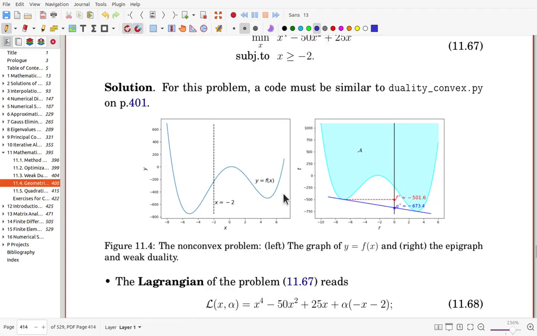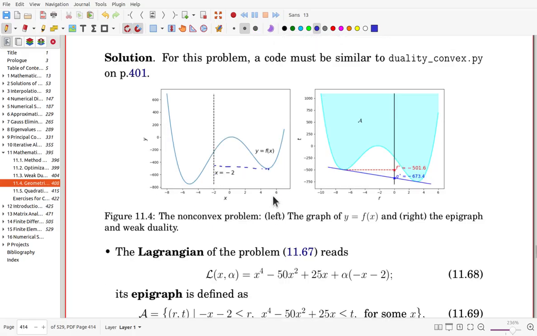So here, this is the original problem. x is on the right side of minus 2, and we try to minimize this fourth order polynomial so that the value over there will be the minimum value.